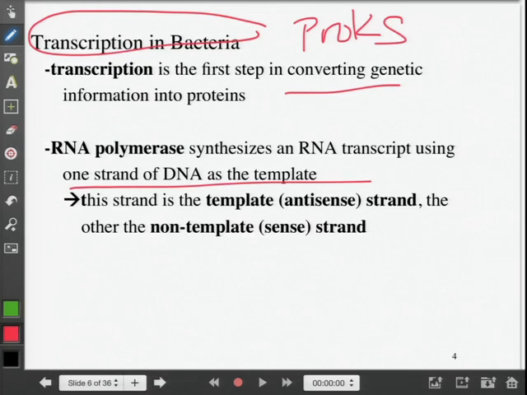We already said this, one strand is the template. Of course, everything has to have a billion names, so if you come across other terms, I will try to always use my terminology in the quizzes and definitely on the exams: template, non-template. There are books and people who use the terms antisense and sense strands.